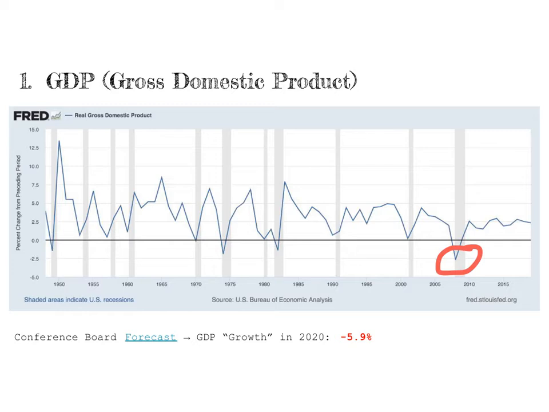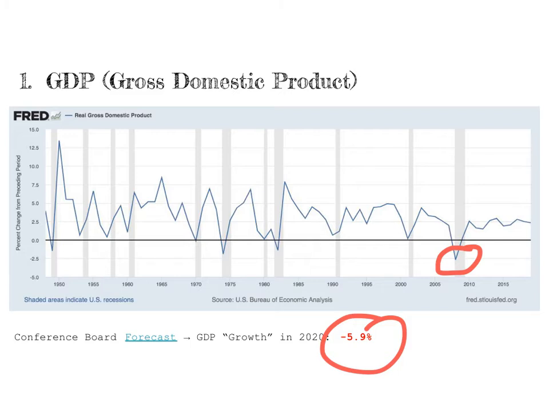Now, what are we looking at for 2020? Well, the Conference Board tells us that on an annual basis, real GDP, so the amount of goods and services that our economy produces, will shrink by almost 6% in 2020. On this graph, you cannot find a single year during which the US economy has contracted by as much.